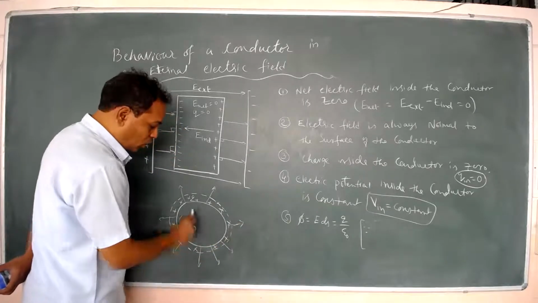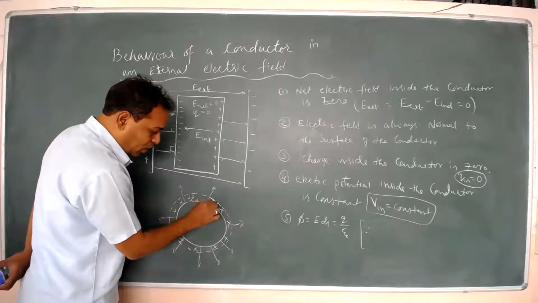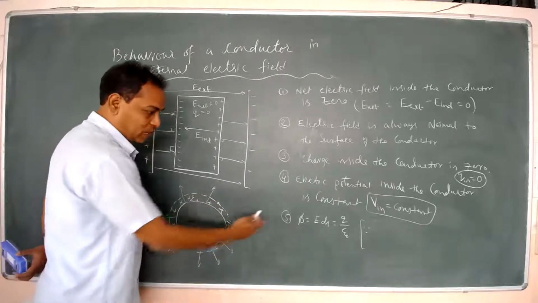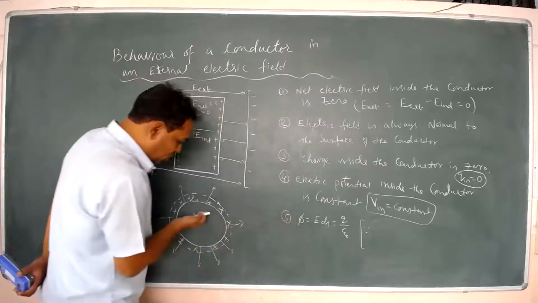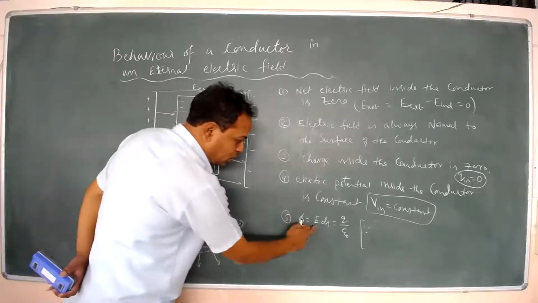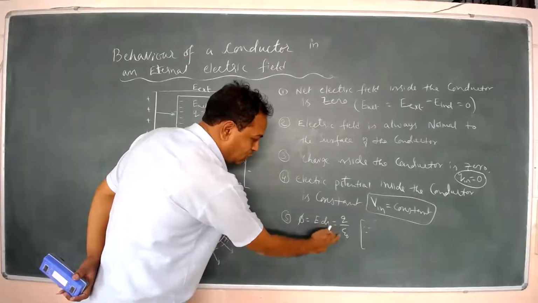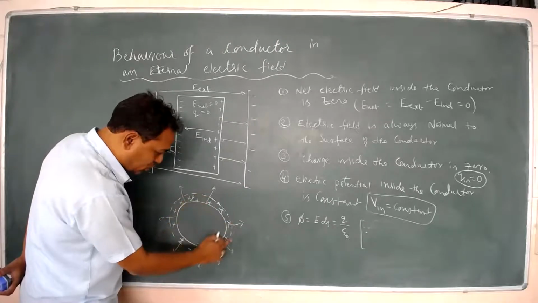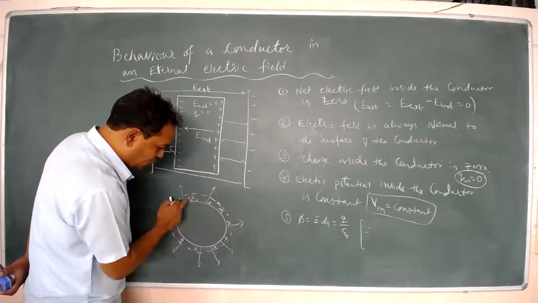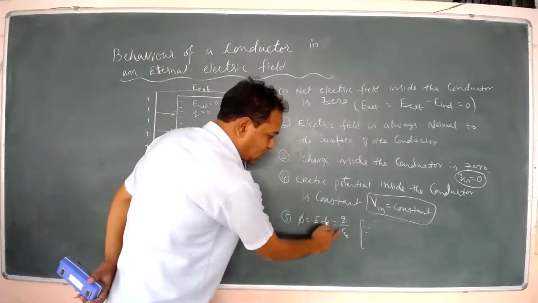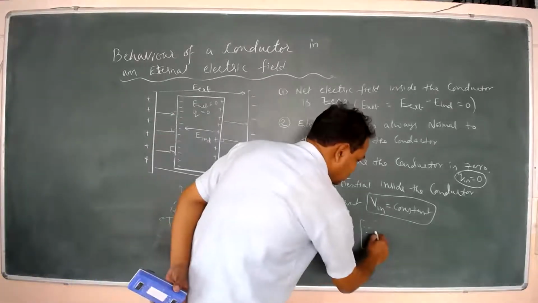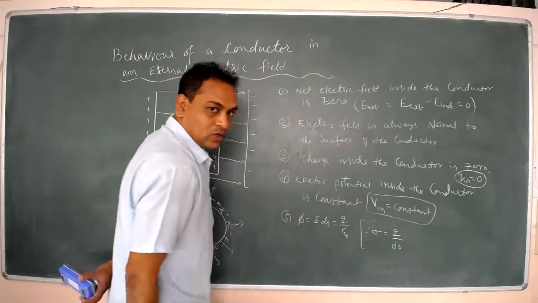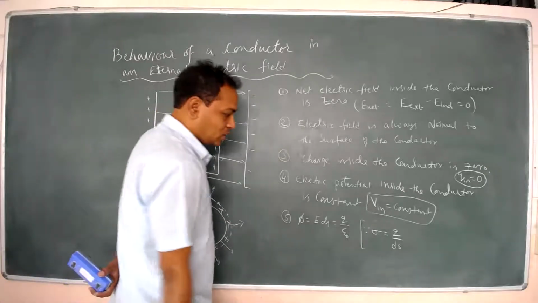So what is the electric field intensity at a particular point on this Gaussian surface? We can calculate that with this. The flux coming outside through this area is equal to E into ds, which is equal to charge by epsilon naught. This is the charge Q enclosed in this Gaussian surface. We know that sigma is equal to charge by area, that is ds.